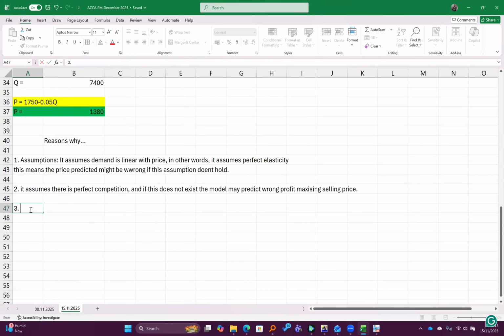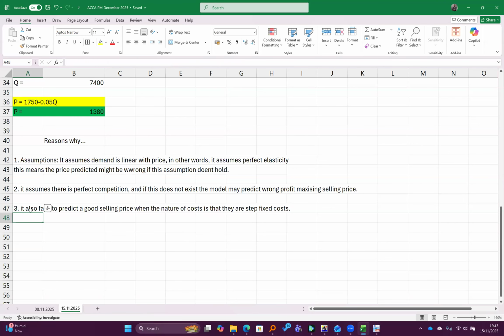So it also fails to predict a good selling price when the nature of costs is that they are step fixed costs.